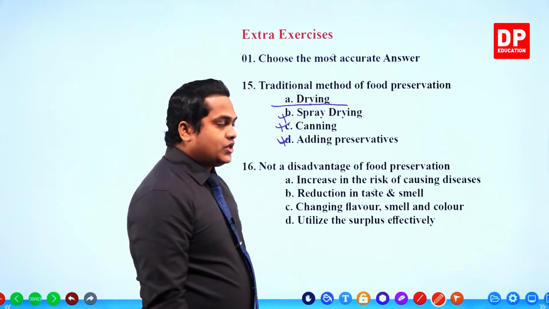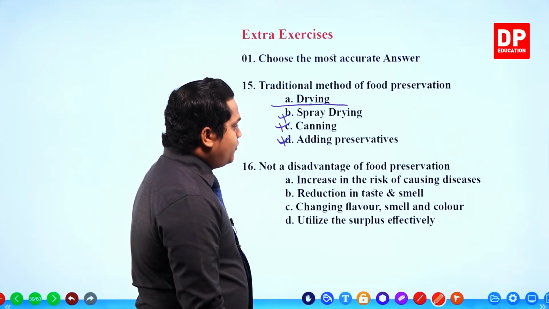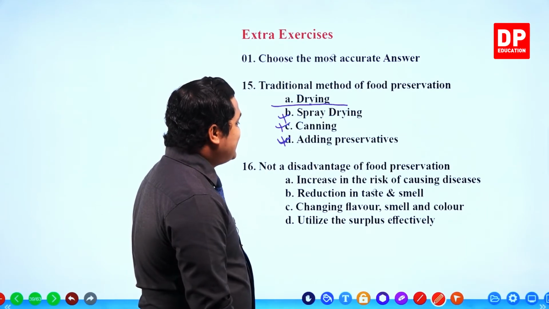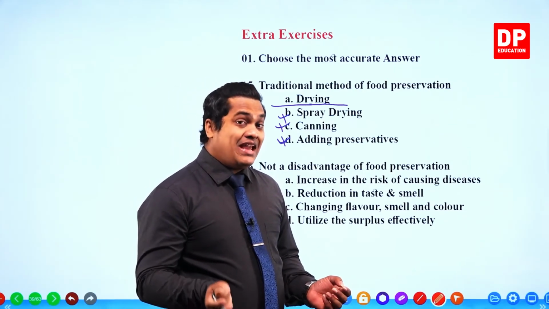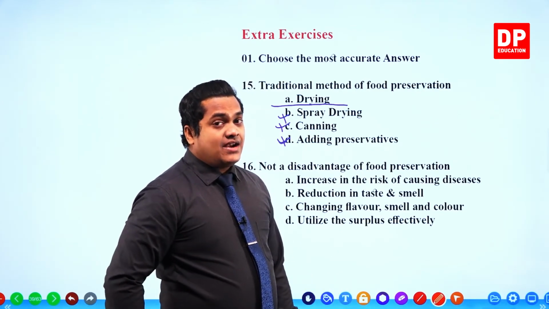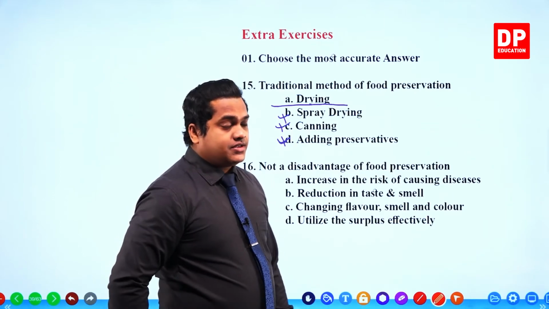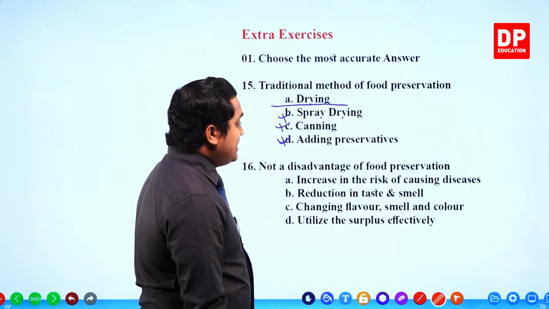Next one. Not a disadvantage of food preservation. Not a disadvantage means it should be an advantage. Then select the advantage from the given list. Increase in risk of causing diseases.